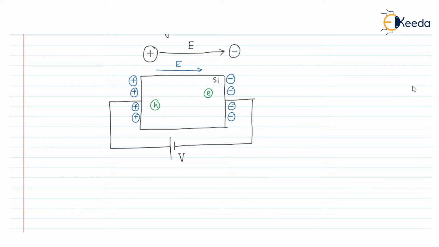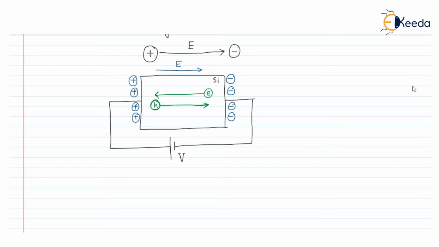Due to this electric field, the electrons will move in the opposite direction and the holes will move in the same direction as the electric field. That is, electrons inside the semiconductor will always flow in the opposite direction to the electric field like this, and the holes will flow in the same direction as the electric field.